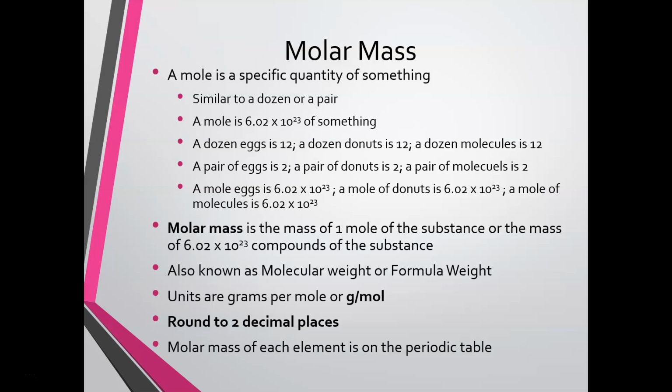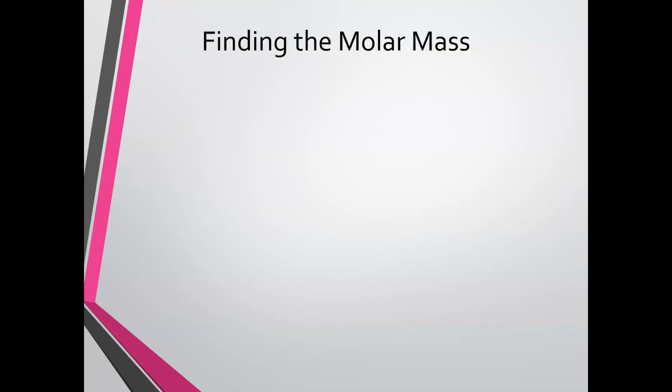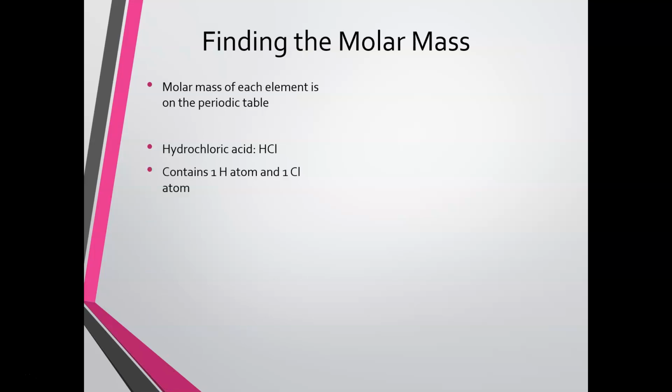So the molar mass of each element is on the periodic table. That mass that you see below each of the elements is the molar mass of that element. So how do we find the molar mass of a compound? If we have hydrochloric acid, for example, the formula is HCl.